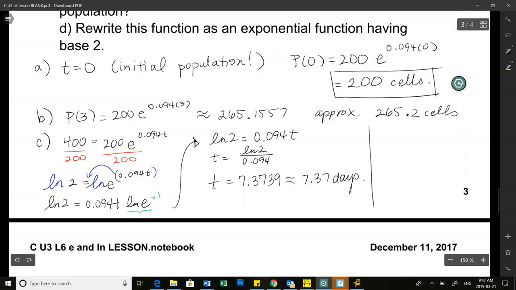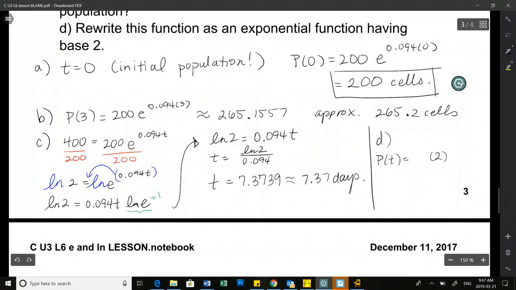The last part of this asks me to rewrite this function as an exponential function with base 2. I know the doubling period. When I write something with a base of 2, I'm talking about the doubling time, right? So essentially it's asking me to fill in the blanks here. If I have a base 2, how do I fill in this exponent?